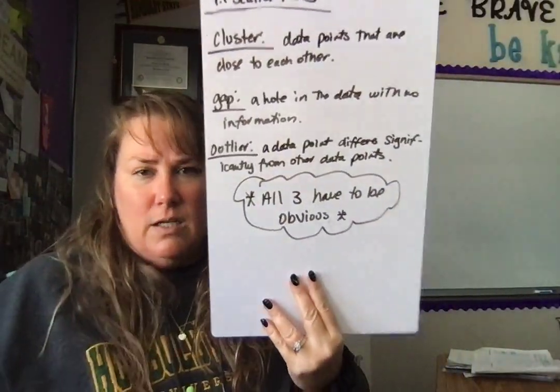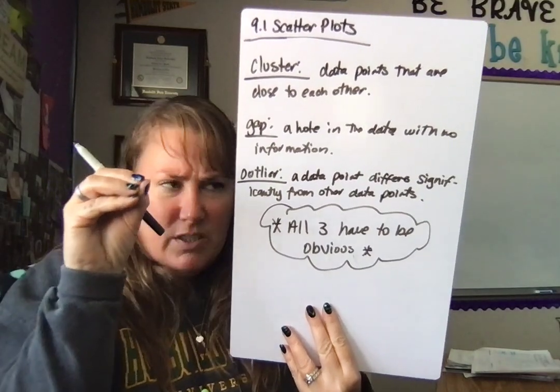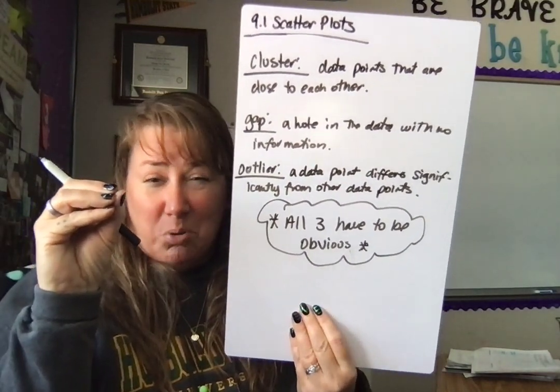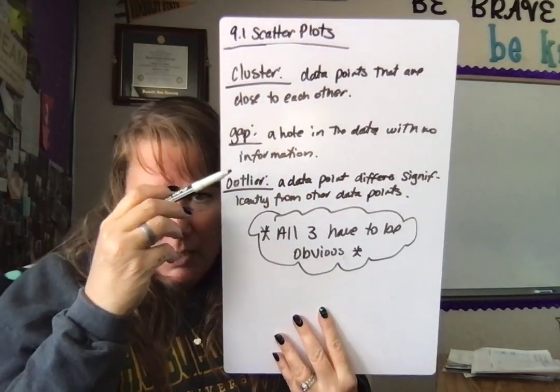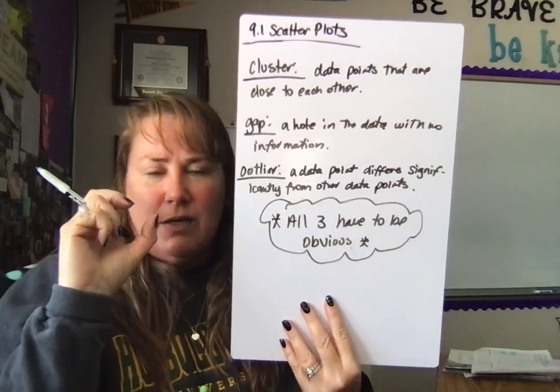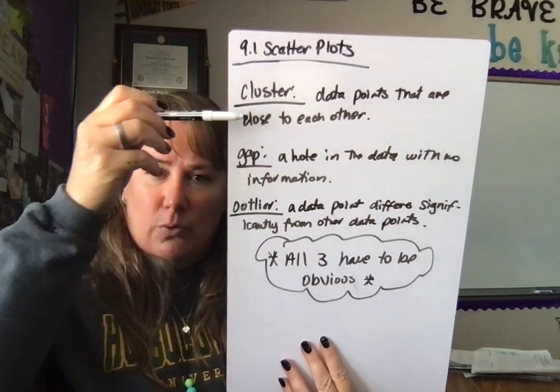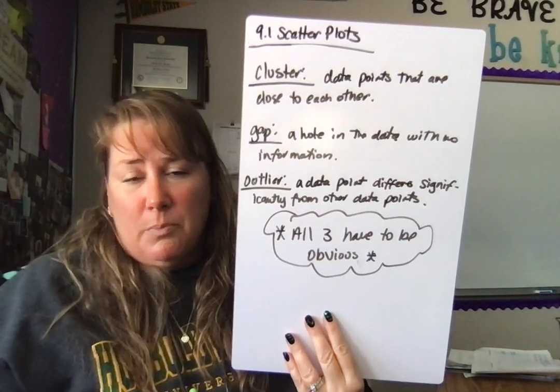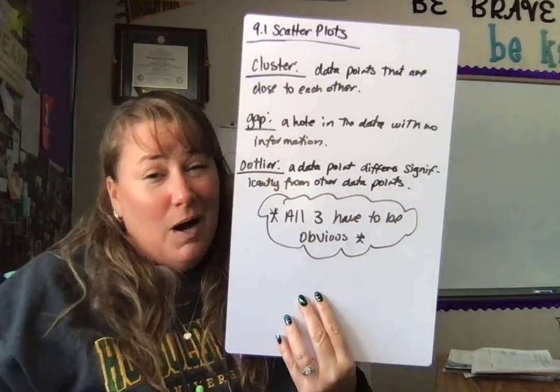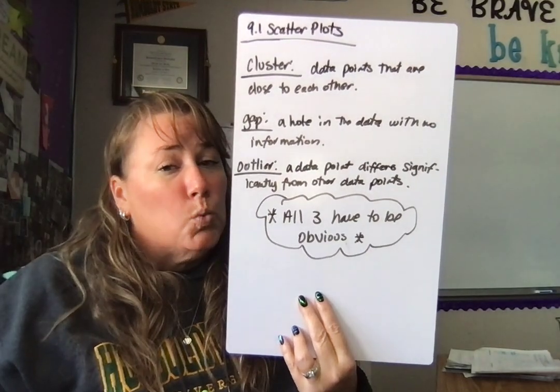It's the point that stands on its own. It's the group of data points that are all right next to each other, just a blob of points. And with a gap, it's an obvious break because it's white. There's no other data points. So these three vocab words are going to be pink, and then this one, the bubble, you guys should know that's blue. Okay.